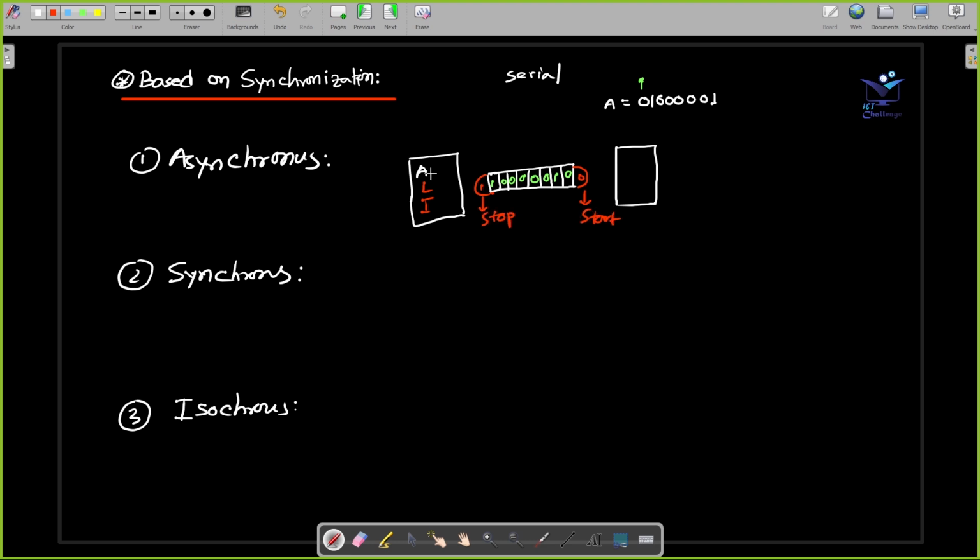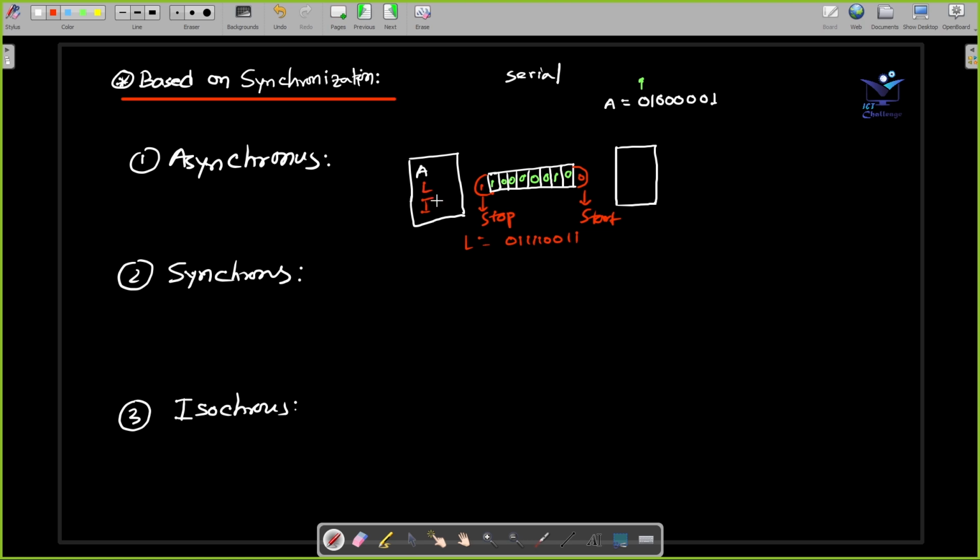After this A we have to pass this L. L also has 8 bits of binary, like we consider this is the binary for L. If we can pass this A completely, after that we have to pass this L. So we need a start bit and stop bit to understand that A has already passed, then we have to transfer this L, right?